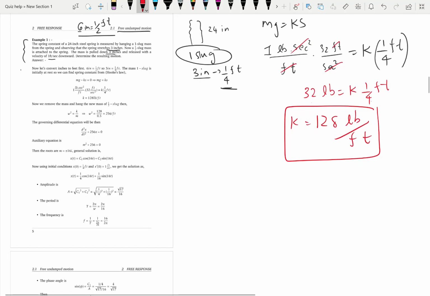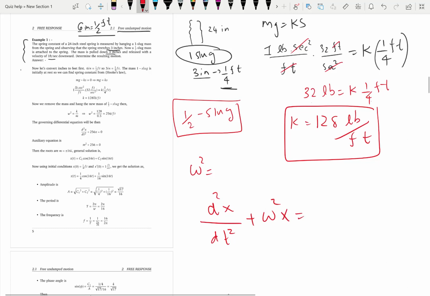Now we know we attach a half a slug. What we need to know is W squared, because the differential equation is the second derivative of x plus W squared x equals 0. That's all.